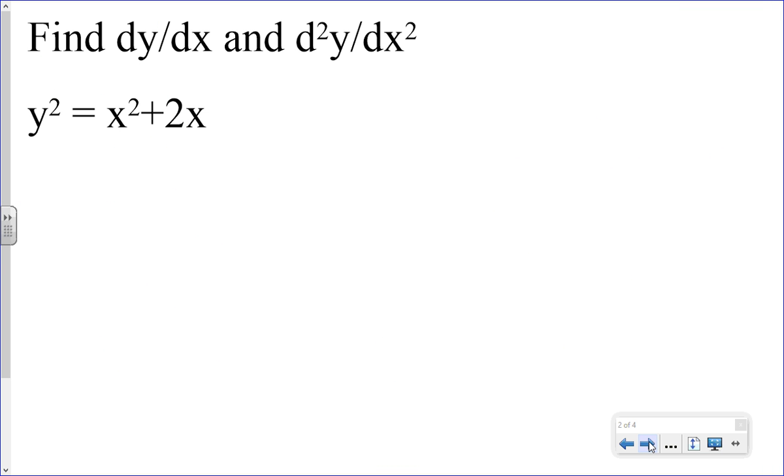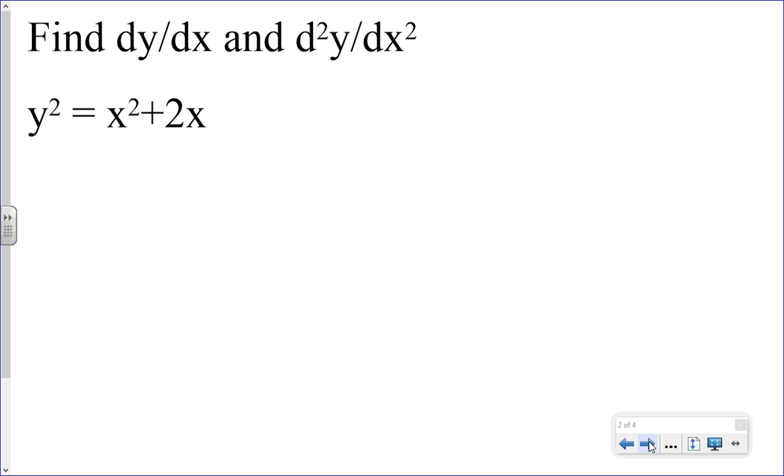Okay. The next thing we need to be able to do is find the second derivative if we are doing implicit differentiation. So go ahead and write down y squared equals x squared plus 2x. Now some of you may be thinking, well, Mrs. Holman, can't we just square root both sides and have y equals plus or minus square root of x squared plus 2x?